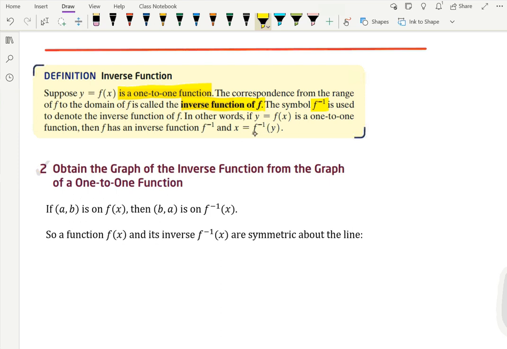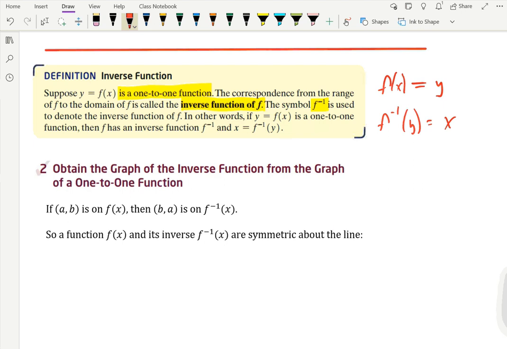If I take a function with y, it maps it back to x. So what we're saying is, if f of x gives me a y value, then I can have some other function with y as the input that gives me back an x value. So I'm allowed to reverse these.